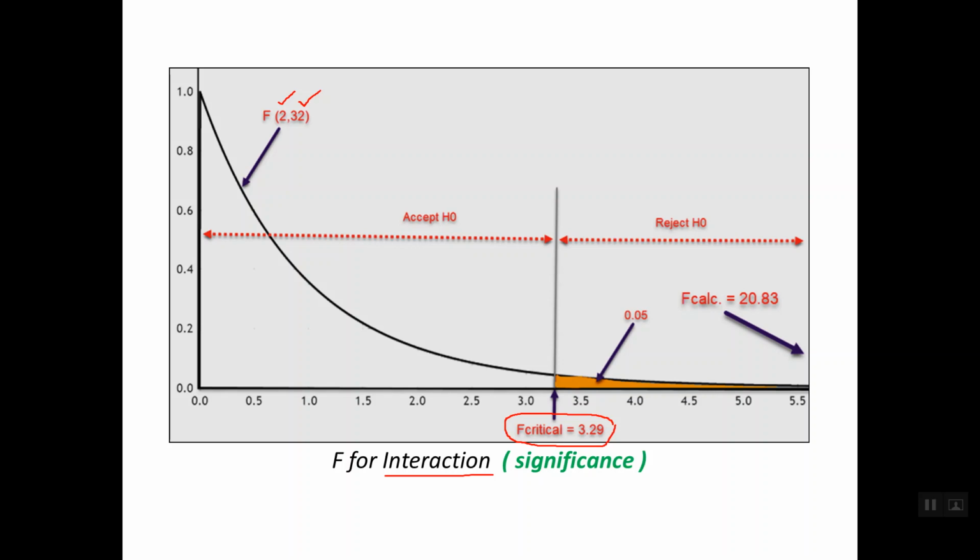The calculated value of F for the interaction is significantly greater than the critical F. It is 20.83, so it is deeply inside the rejection region of the null hypothesis.